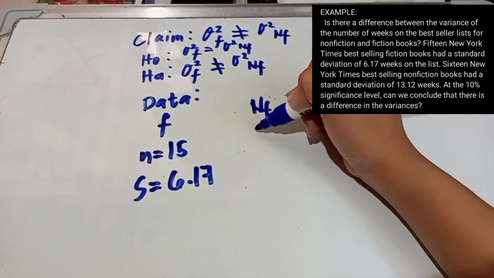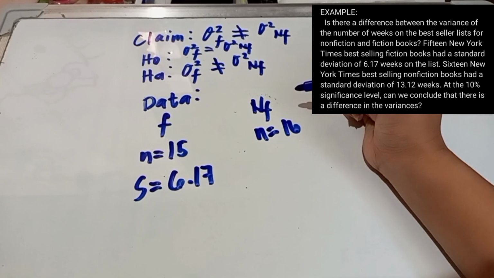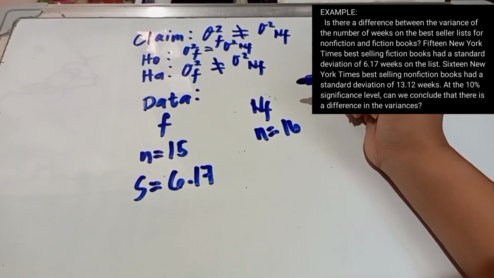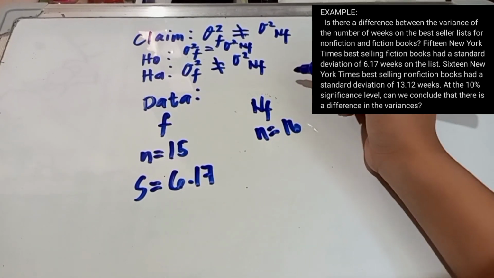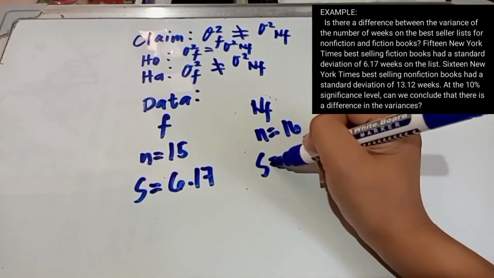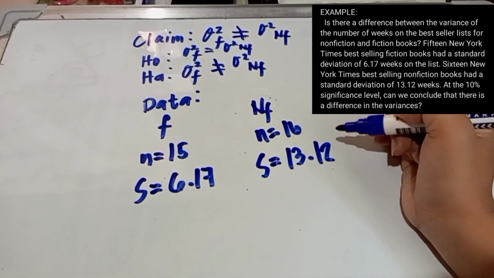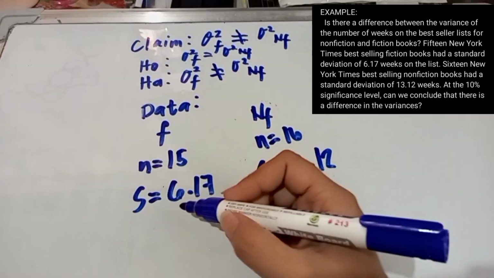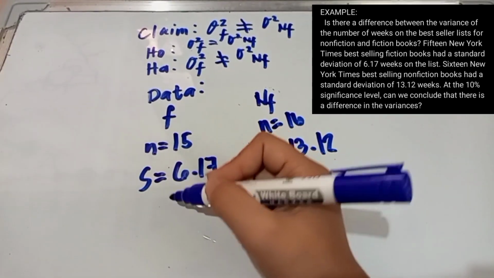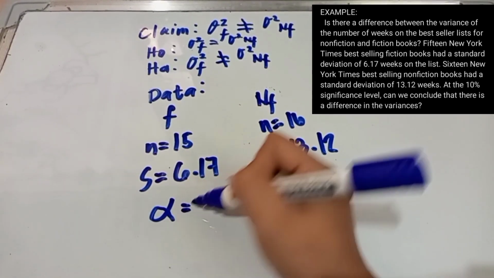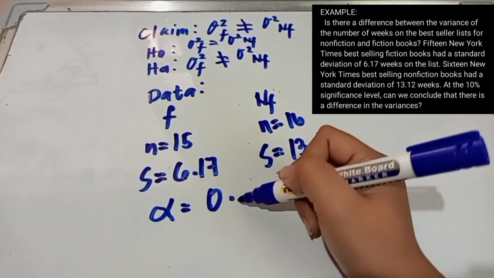Our N in nonfiction is 16 since it says in the example that 16 New York Times best-selling nonfiction books had a standard deviation of 13.12, and our alpha is equal to 10% or 0.10.